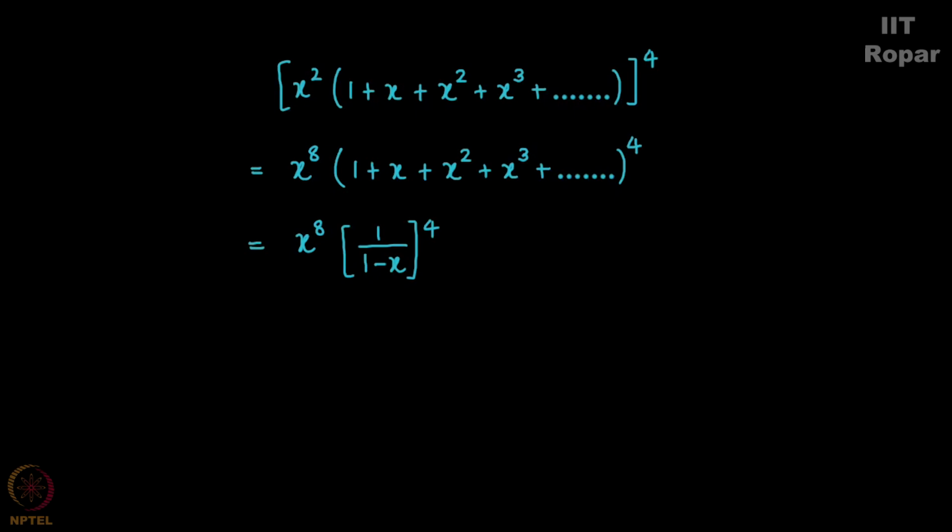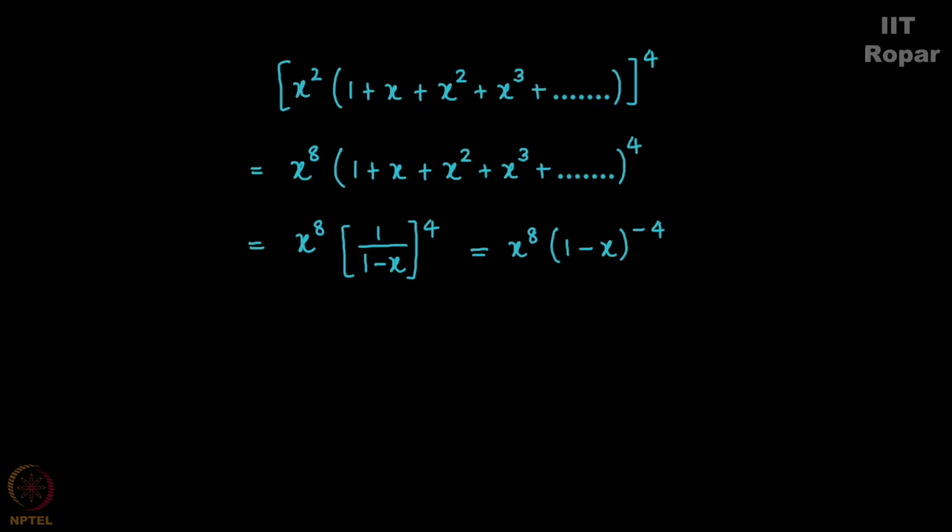X square to the 4 is x to the 8, right? And I'm going to retain 1 by 1 minus x whole power 4 as it is. So, I can write it as x to the 8 into 1 minus x whole to the minus 4. Do you observe that? Because it was 1 to the 4 by 1 minus x whole to the 4. I just took it to the numerator and hence it becomes 1 minus x whole to the minus 4. I have already written x to the 8 outside.